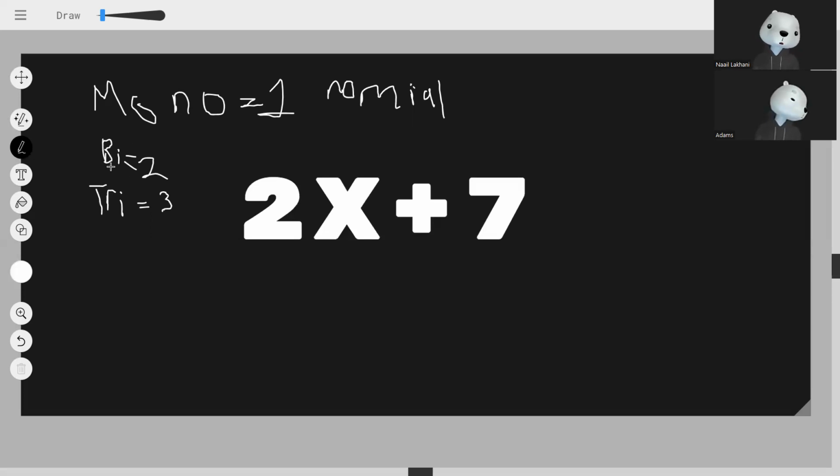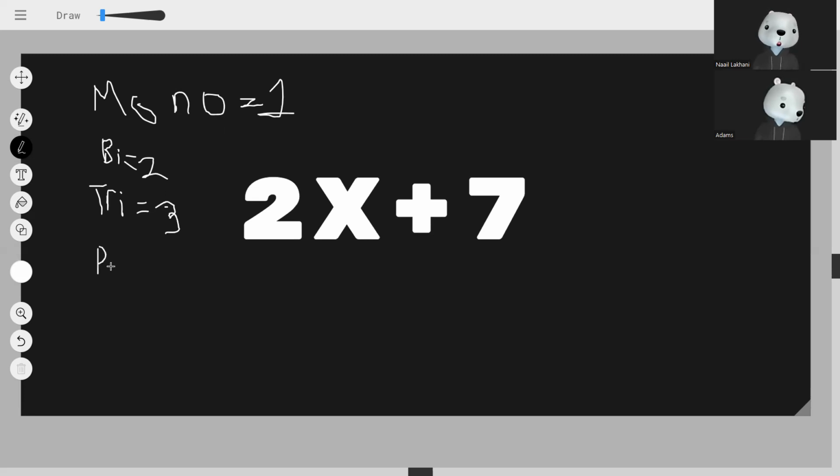Bi doesn't have "no", so binomial. Tri doesn't have "no", so trinomial. Okay, that's cleared out. So tri equals three. We have one, two, three.